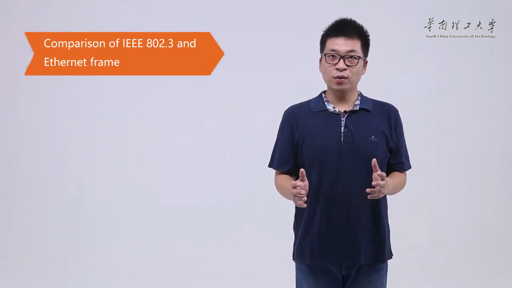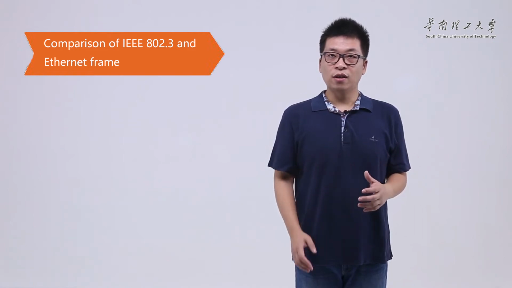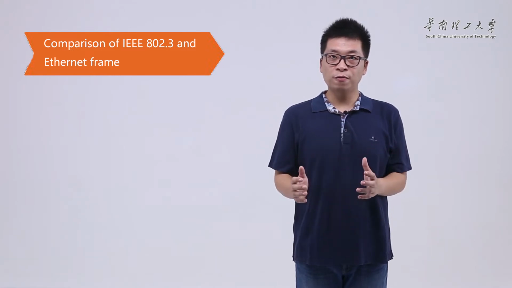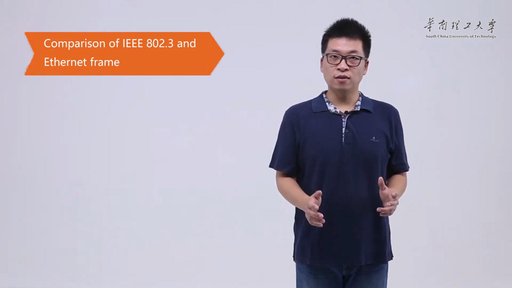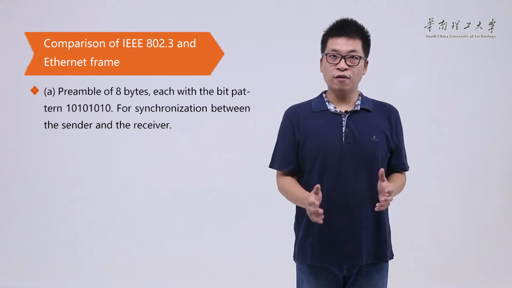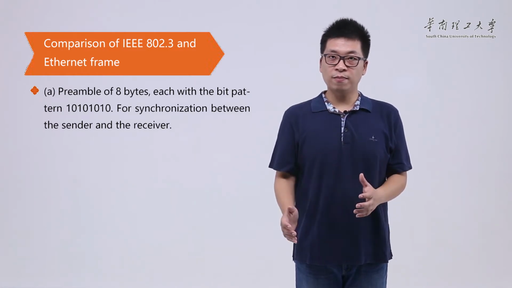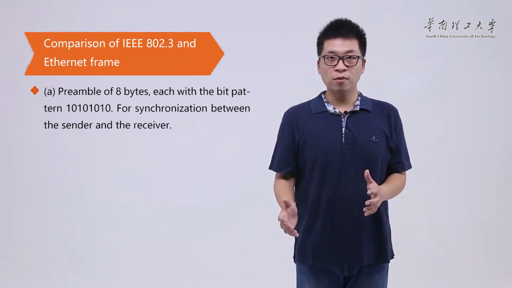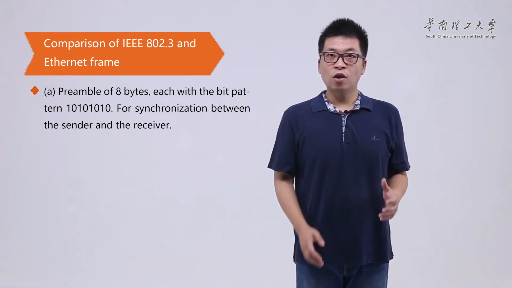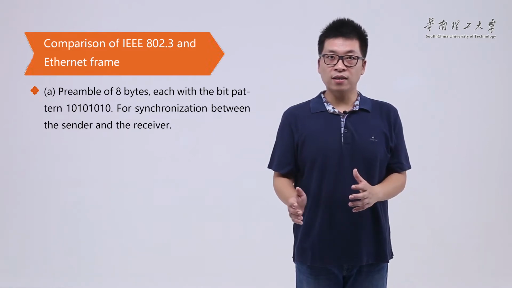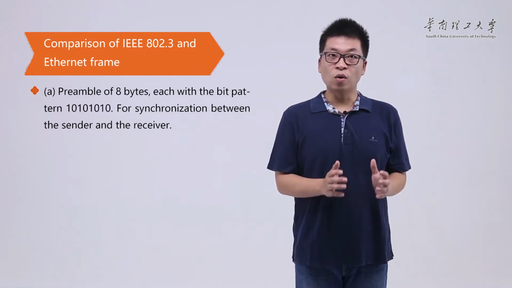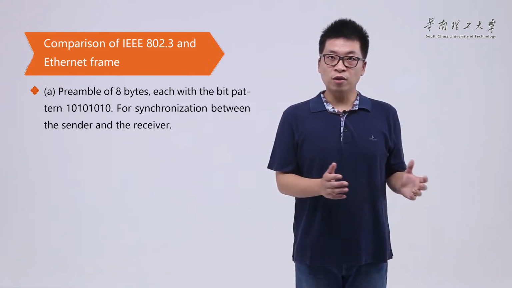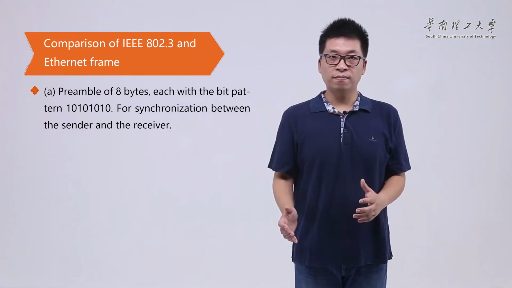These two protocols are slightly different. For the frame head, the differences are the preamble field and the type field. The first difference is the preamble field. In the Ethernet head, it has a preamble of 8 bytes, each with the bit pattern 10101010 for synchronization between the sender and the receiver.